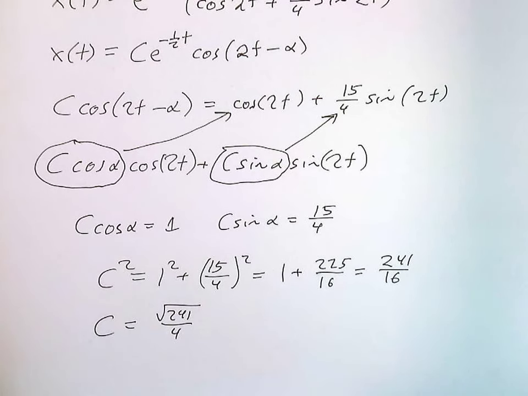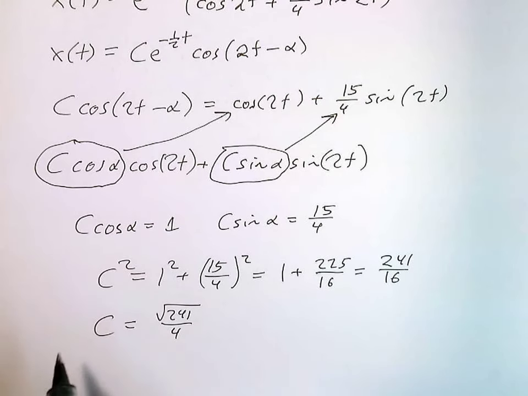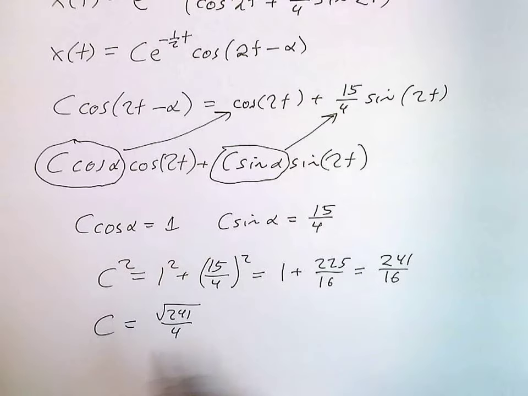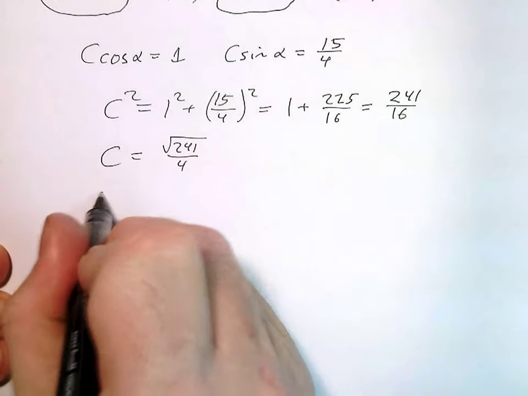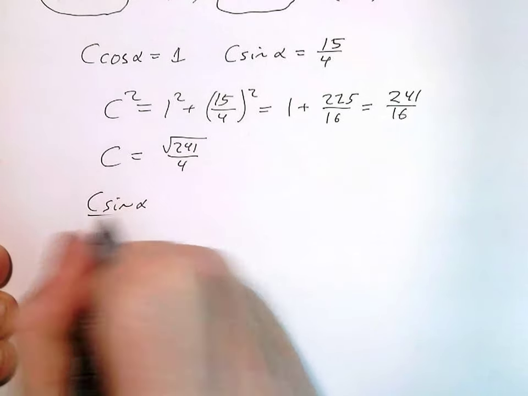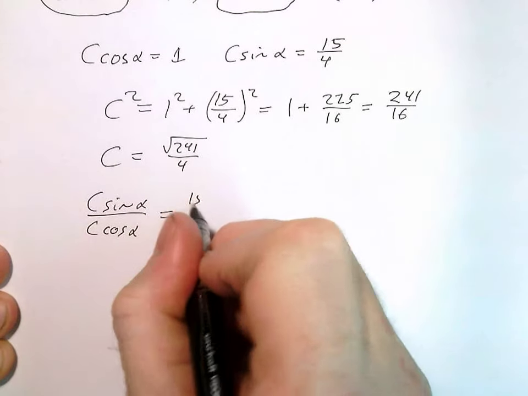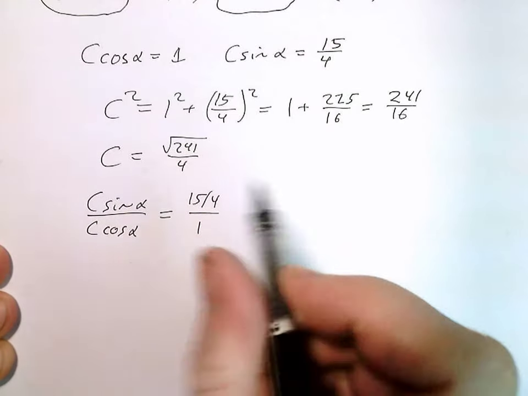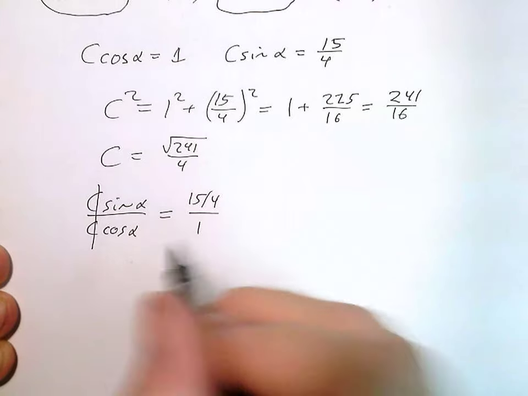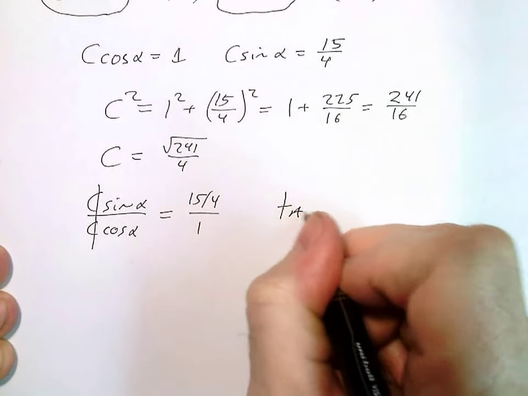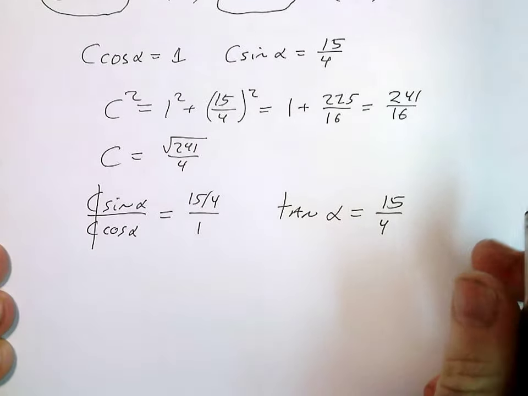Okay. Now to get alpha, if I take the ratios here, c sine alpha over c cosine alpha is going to be 15 over 4 over 1, just from these two relationships. But see, my c's cancel. So I have my tangent of alpha is 15 over 4.